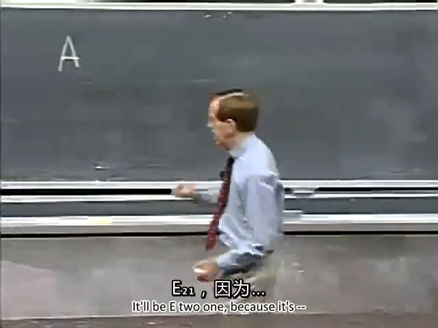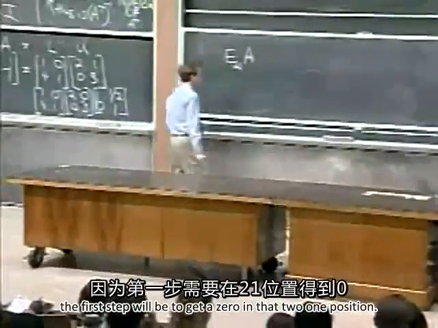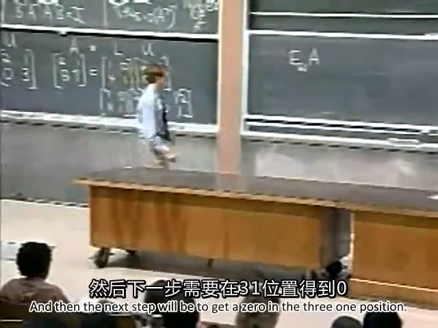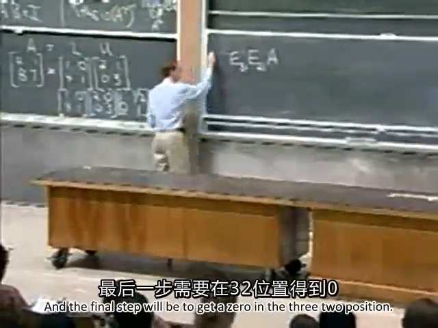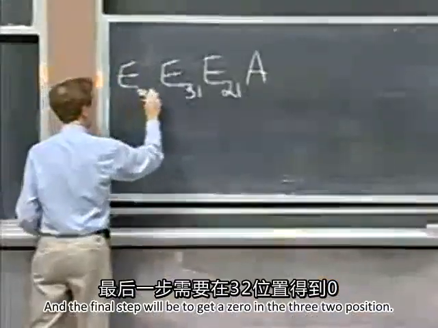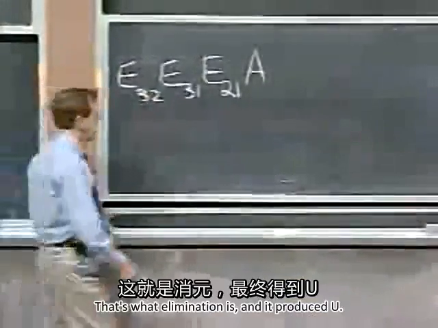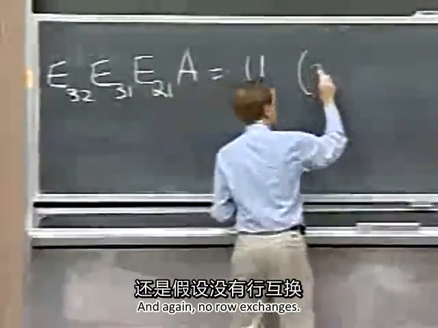Because the first step will be to get a 0 in that 2, 1 position. And then the next step will be to get a 0 in the 3, 1 position. And the final step will be to get a 0 in the 3, 2 position. That's what elimination is, and it produces U. And again, no row exchange.